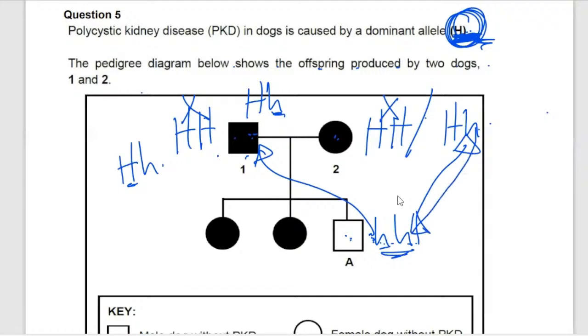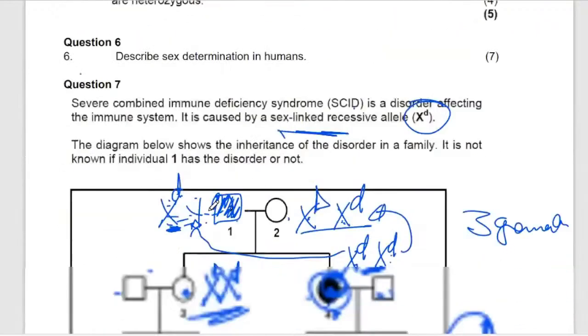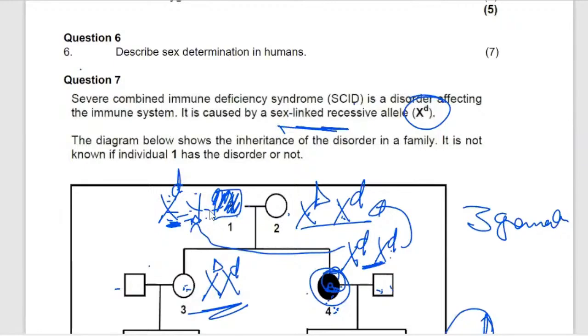So when they give you a question and they don't talk about sex-linked, please do not use, I repeat, do not use X and Y. Use the letters the way they have given them to you. You only use X and Y if the statement says it is caused by a recessive allele and is sex-linked.